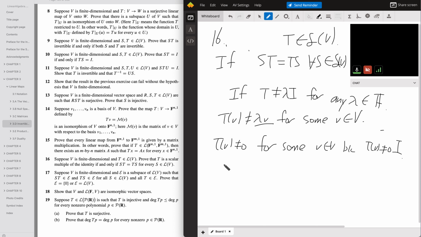And then what we have here is, for this V, T of V is W, and S of W is 0. So ST equals TS is 0.